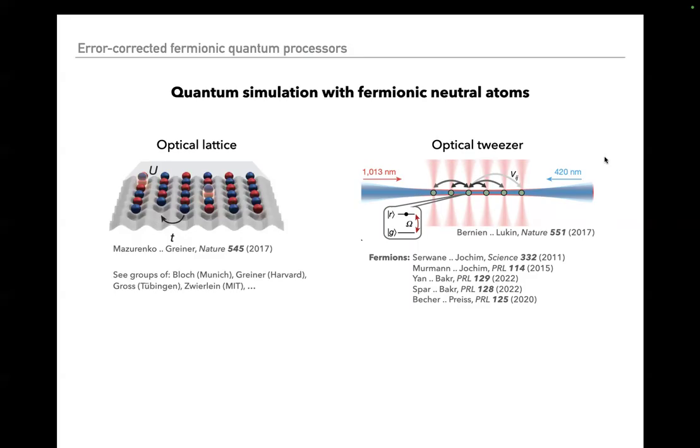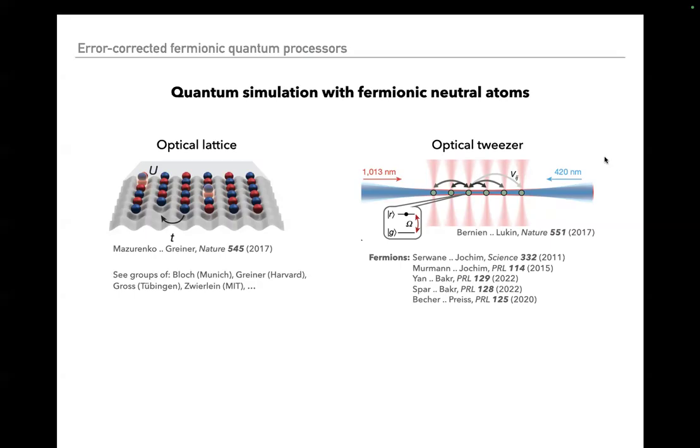And while this is showing an array of atoms where the interactions happen in an internal state of the atoms and simulate some spin physics between the atoms, you can of course apply the same principle to fermions. So you can trap individual fermionic atoms in these tweezers, and they have the great advantage that they can be moved, they can be reconfigured.